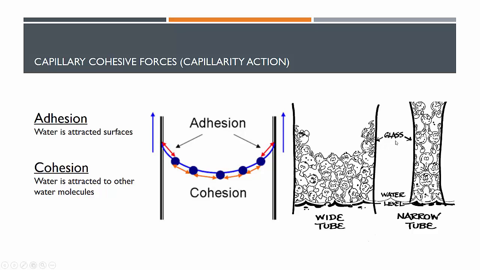We can demonstrate this with glass, although just about everyone will have seen this when they stick a straw into a glass of water or Coke or milk or whatever. You will see that the water inside the straw will rise higher than the water in the cup. This diagram probably explains it a little bit better. The narrower the tube, the higher the water will go. So this is actually pushing the water up the hill.